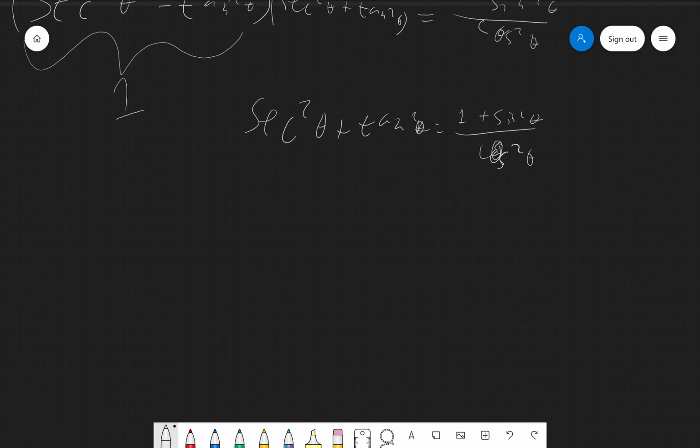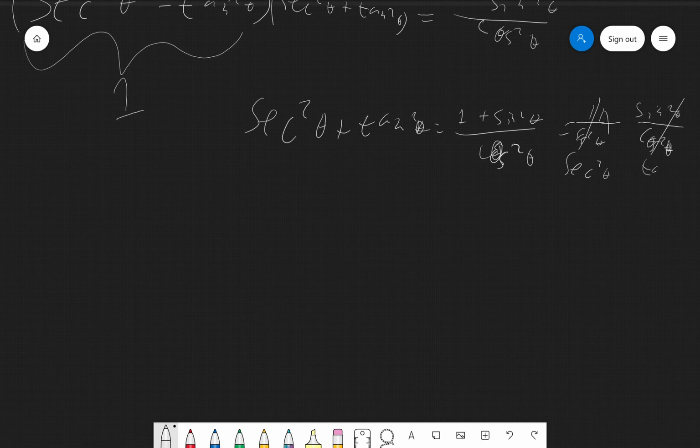So now, what I like about this side is that we can break this up. We can say that's equal to 1 over cosine squared of theta plus sine squared of theta over cosine squared of theta. Maybe we did that a little earlier, but I do it now because we simplified the left side completely. Notice this is just secant squared of theta.